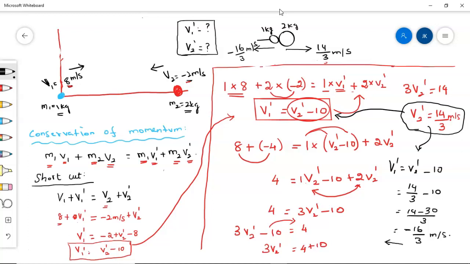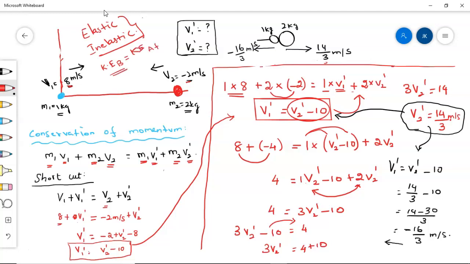Now we have found the velocities after the collision. We found they do not stick together. So there are two possibilities: one is elastic collision or inelastic. How can we confirm? You have to find the kinetic energy before collision and the kinetic energy after collision.